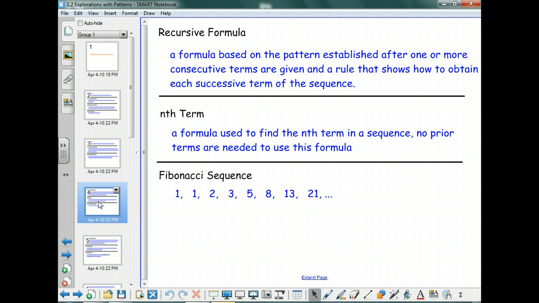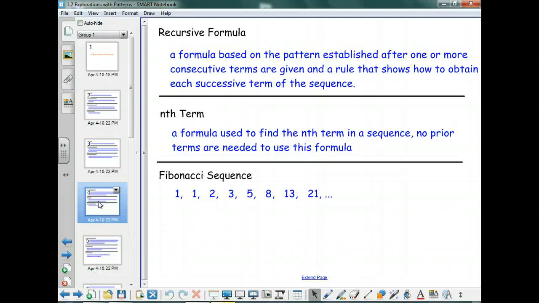So that's an idea of how do I get the next number is a recursive idea. It takes the number I'm on and does something to it to get the next one, all right? So a recursive formula is a formula based on a pattern established after one or more consecutive terms are given, and the rule shows how to obtain each successive term of the sequence. It's based on what did I do to get the next one.